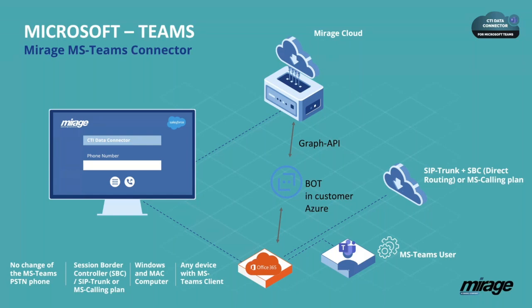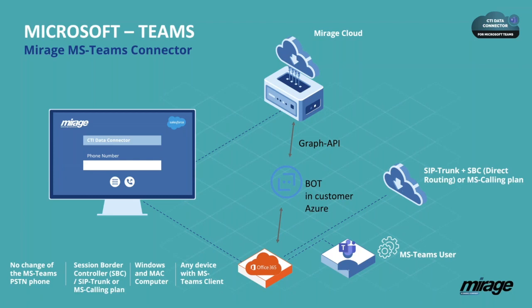The call comes in to your Office account, and the specialty, and there's no other product on the AppExchange which can do that, is that we do not have a contact center or a telephone system in between. We just have a bot, and the bot uses the configuration from your Teams.